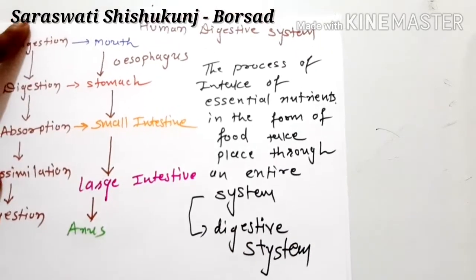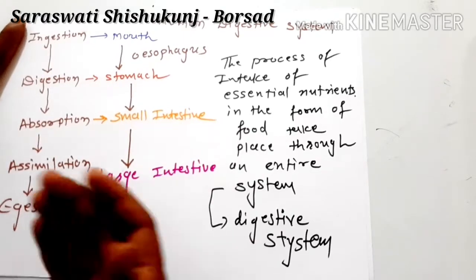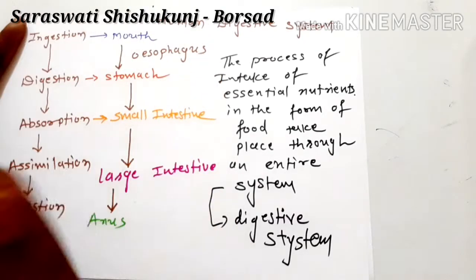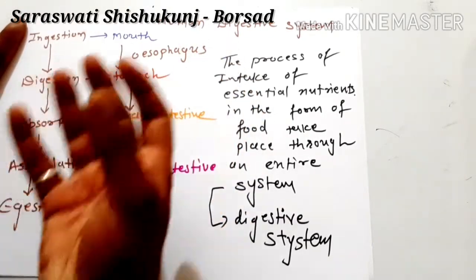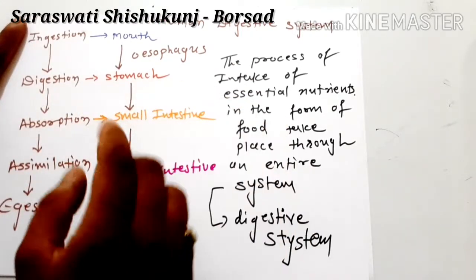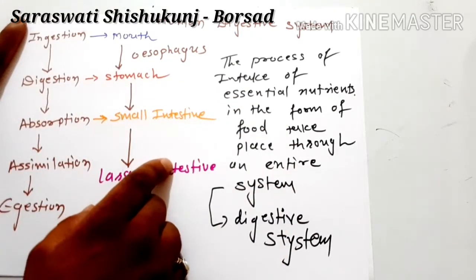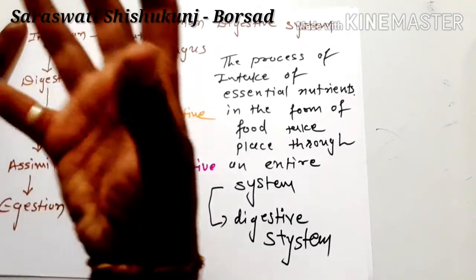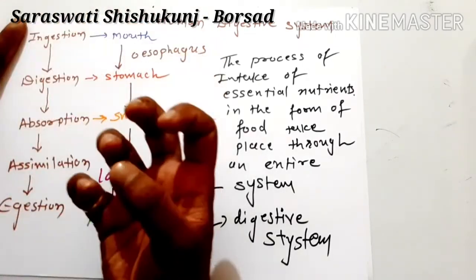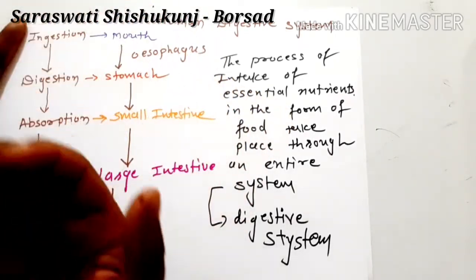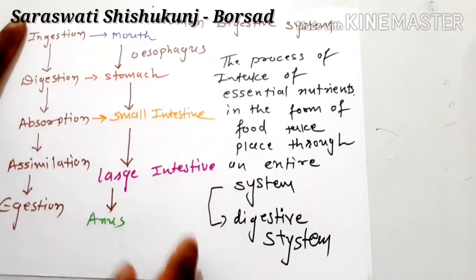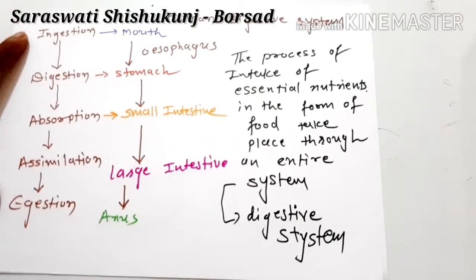And we know that this is happening in human beings, right? We are taking food, so that is the process of intake of essential nutrients. We are getting those nutrients from the food. So by this entire process, the gaining of nutrients by a system, that is called the digestive system.